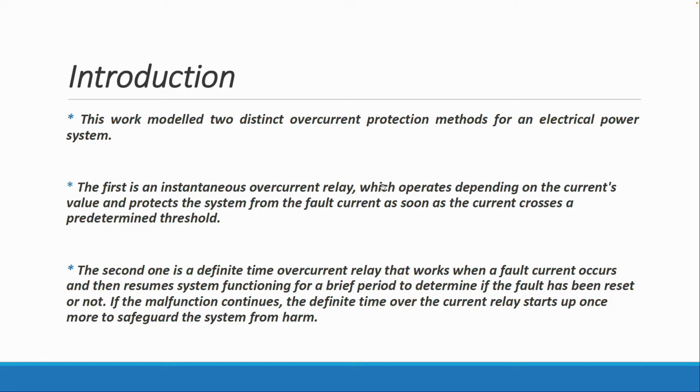The second one is a definite time overcurrent relay, which I will refer to as DTOC in the further presentation. It responds to the fault current and then resumes the system to check whether the malfunction is still present or has been restored. If the fault still persists, the relay operates again and isolates the system.